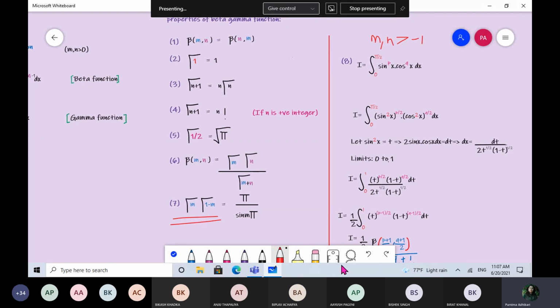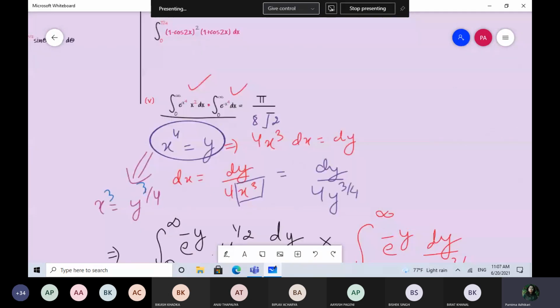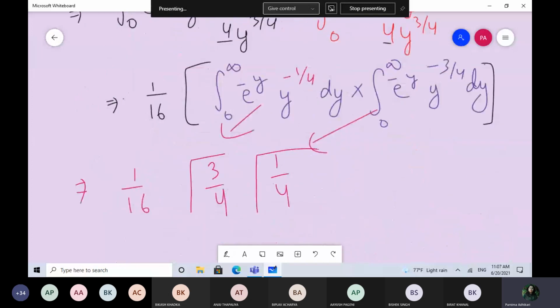Okay, so let me copy this property and take it to the side where we desire, and paste it here.